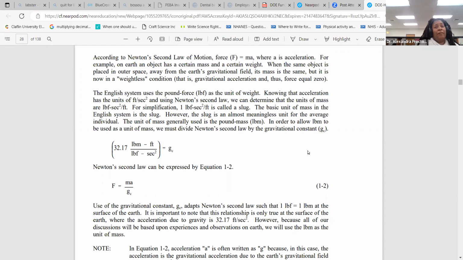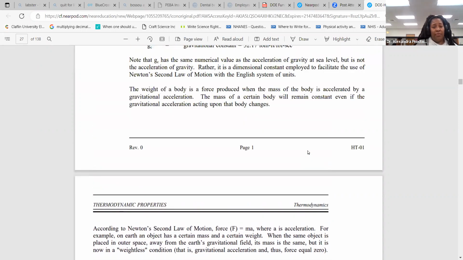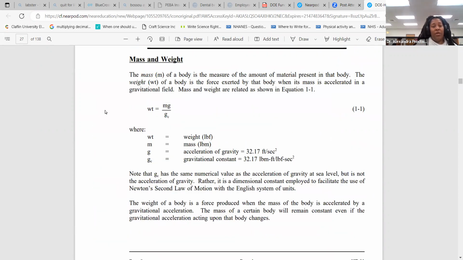So what they're doing here is they're going through what we call a derivation. They're deriving the equation that they previously gave you. Okay, so they're showing you how they came up with this.